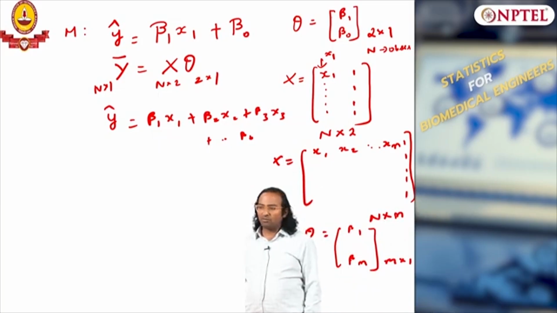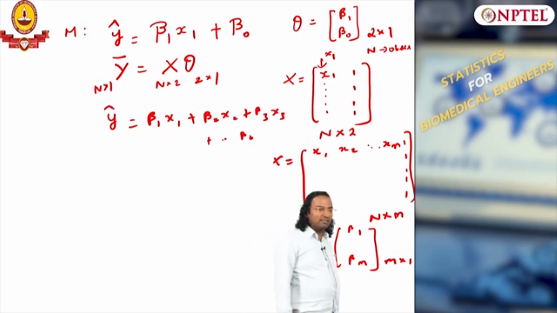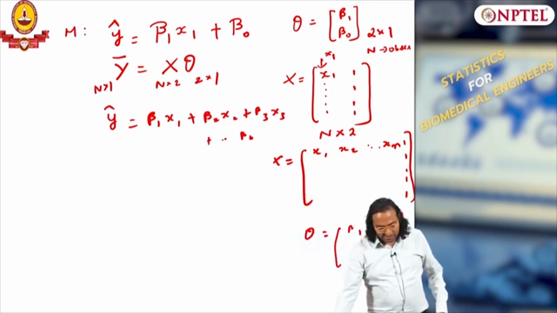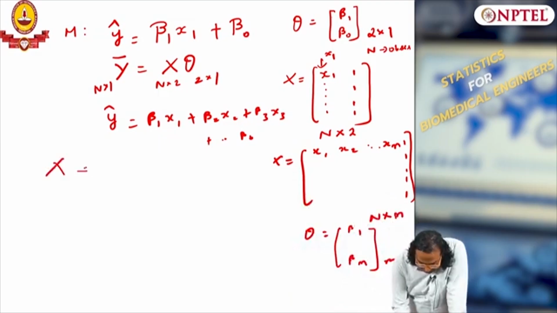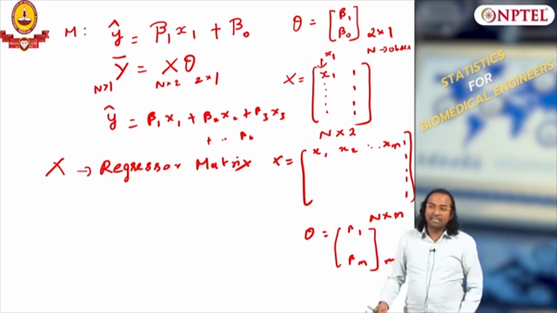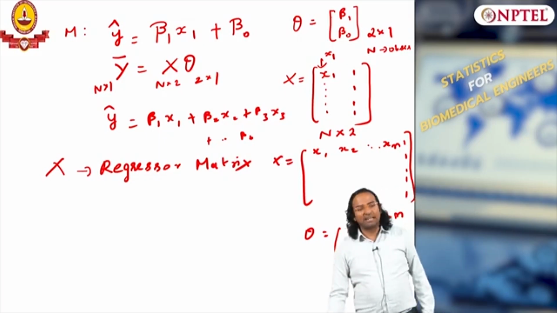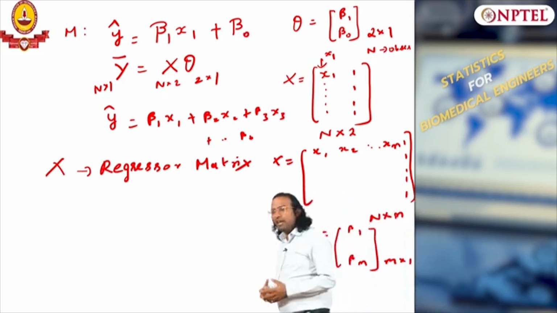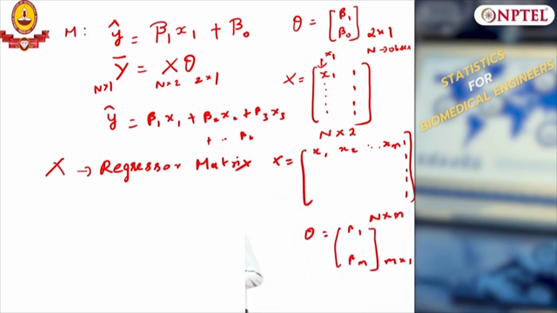Okay. So, y hat equals capital X times theta. Okay. So, this capital X we call a regressor matrix. This is what explains the relation; it contains all the inputs that will explain your output Y, right.